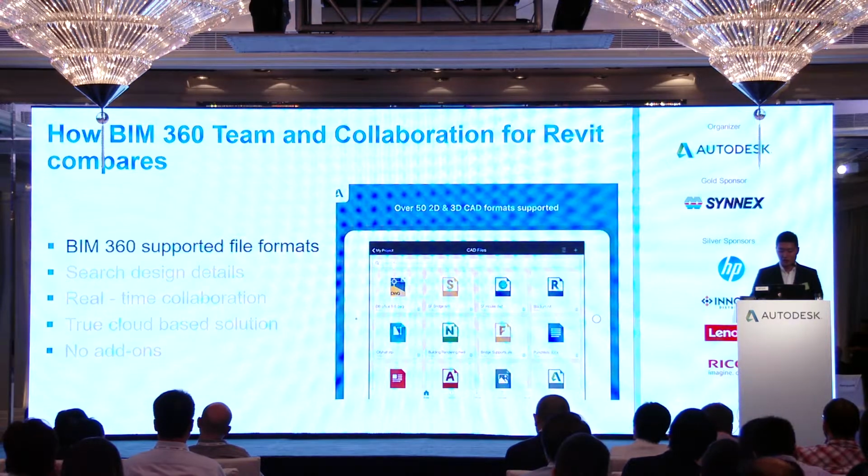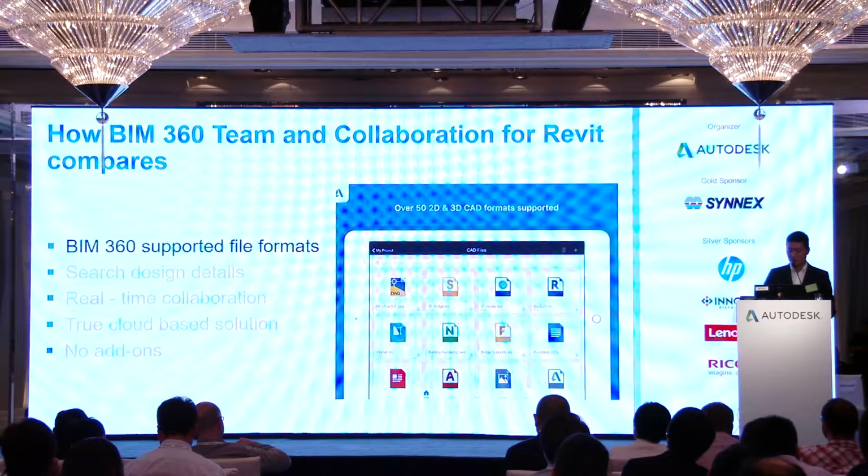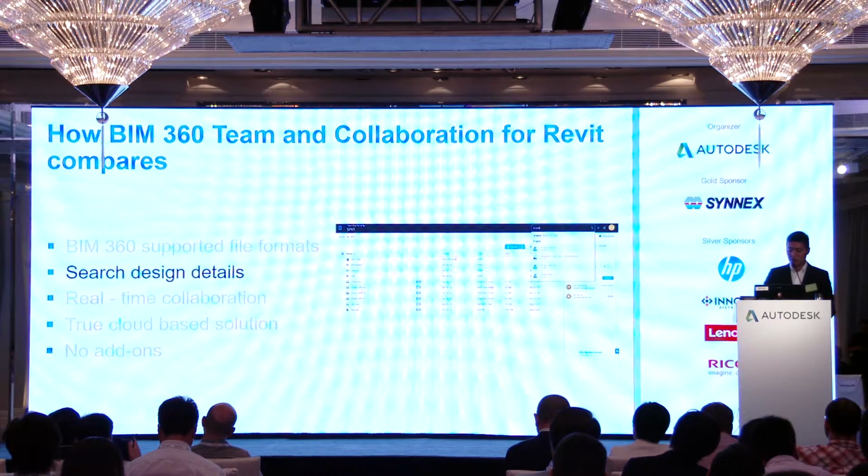So how do C4R and BIM 360 Team compare? It supports 60-plus file formats, all viewed from a single location through your web browser, enabling anyone on the design team, regardless of the tools they use, to collaborate effectively. You can search for design details within the design model, as well as comments and posts, making it easier to answer questions about your project.